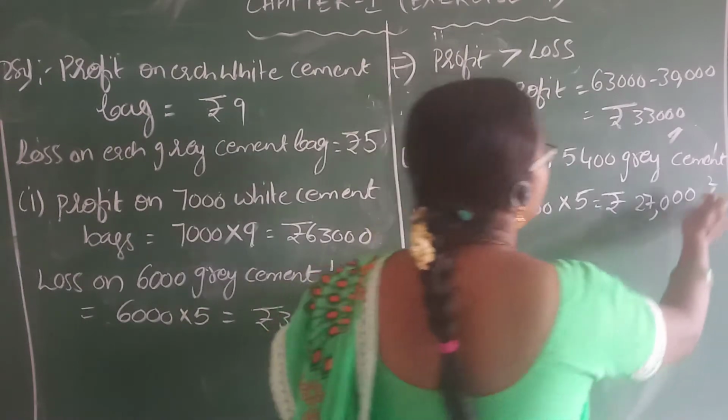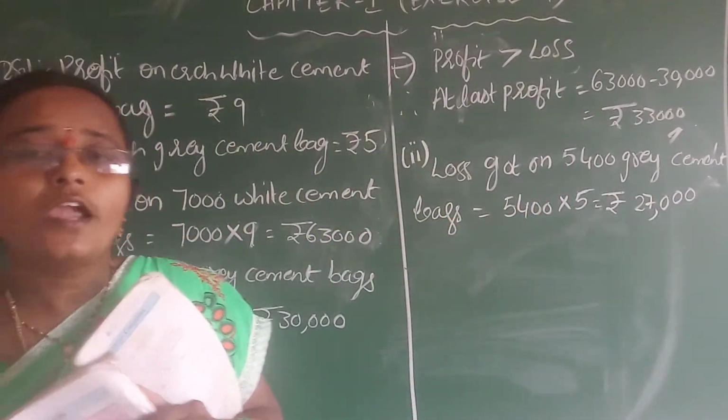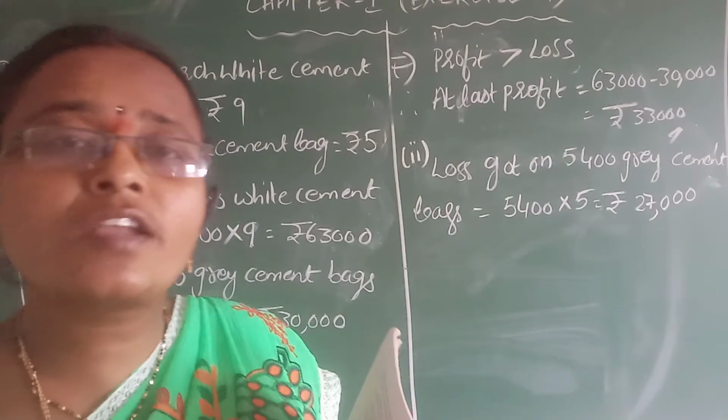They got the loss of 27,000 rupees. In order to cover that loss, how many white cement bags should be sold?